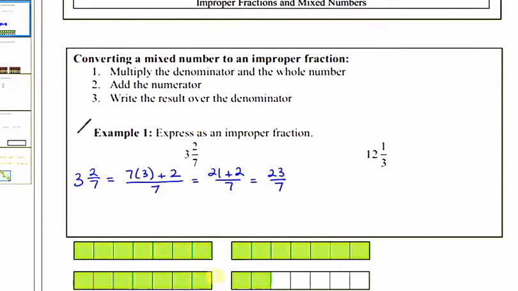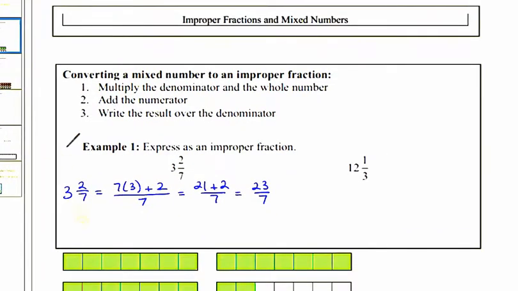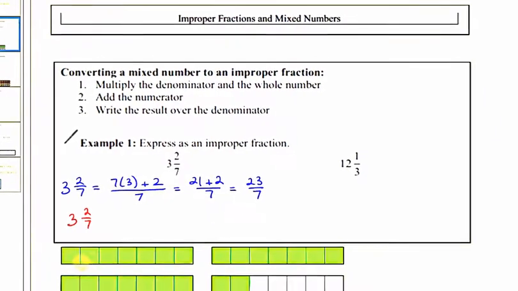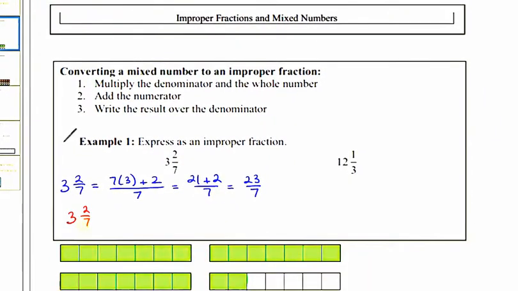Let's look at the model below for 3 2/7 to understand why this procedure works. Notice these 3 bars represent the 3, where each bar is partitioned into 7 equal pieces. So 3 is equal to 7 plus 7 plus 7, or 21/7.